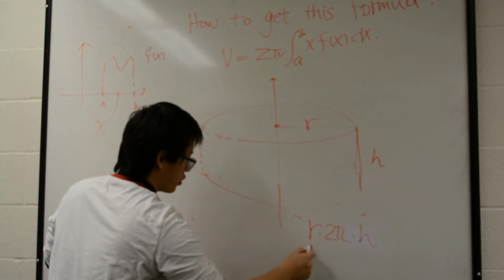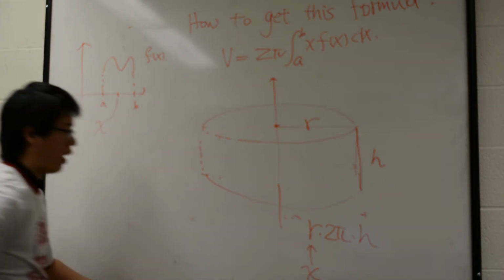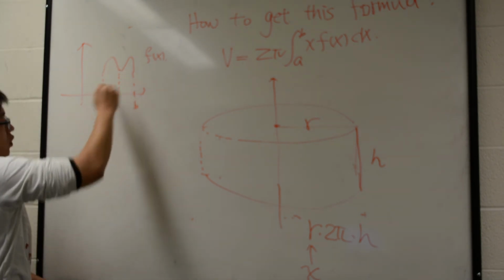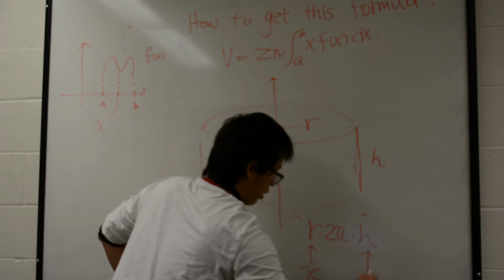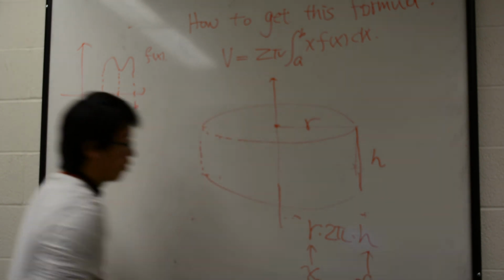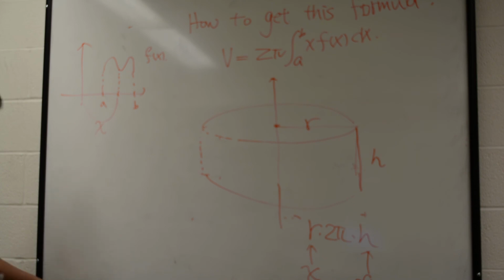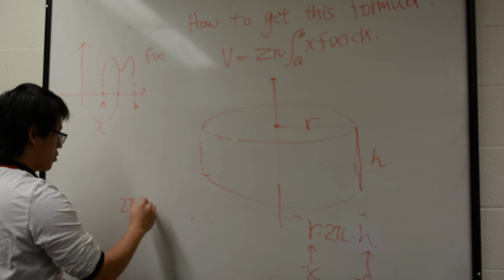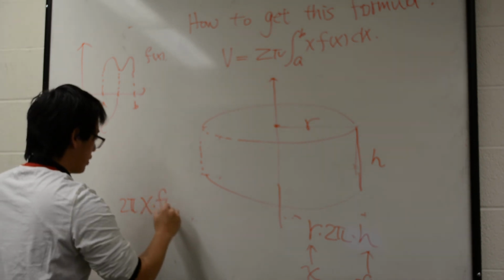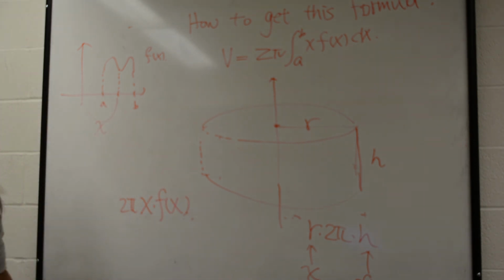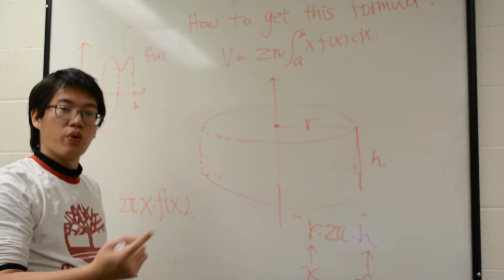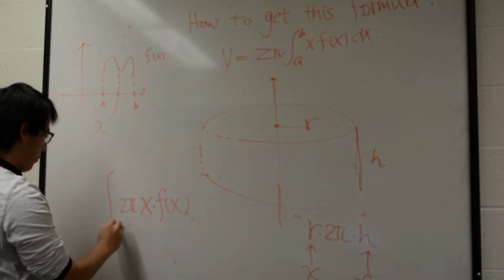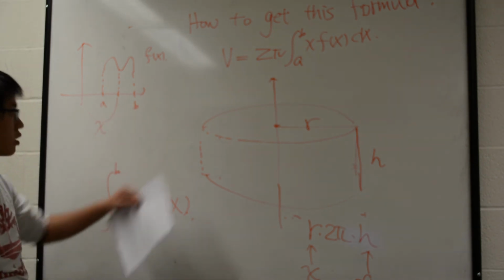So we will change our radius to x, and our height will be f of x. Okay, so every cylinder is 2 pi times x times f of x. And we have a lot of cylinders, so we integrate that. So we integrate it from a to b. That's your formula.